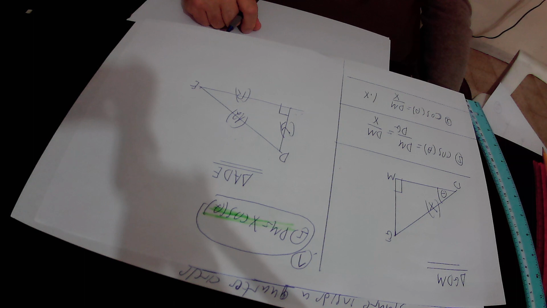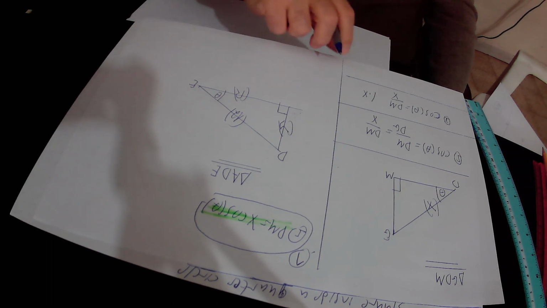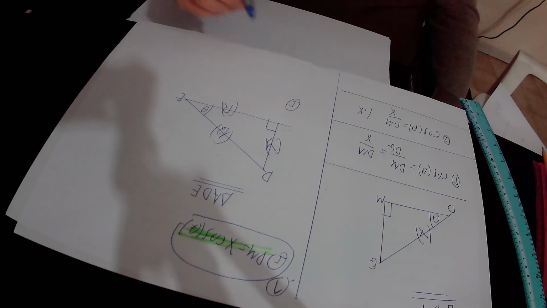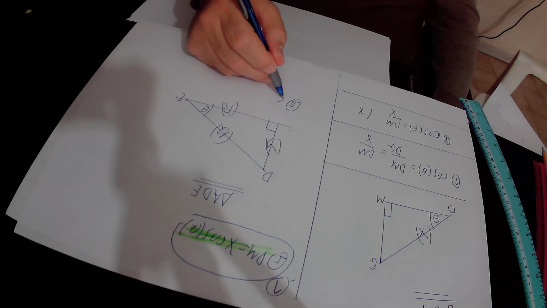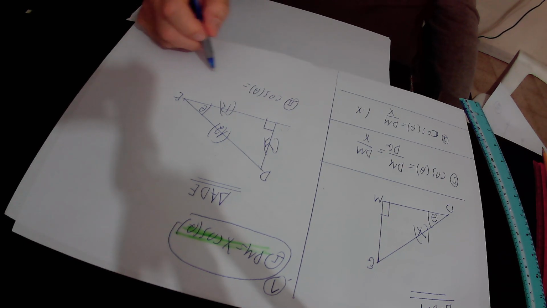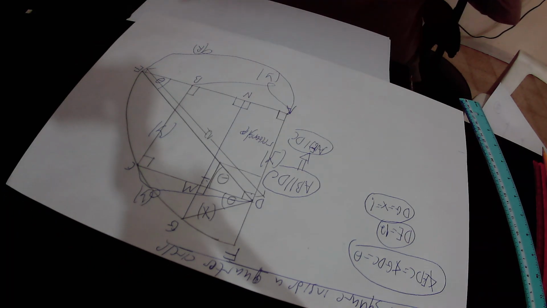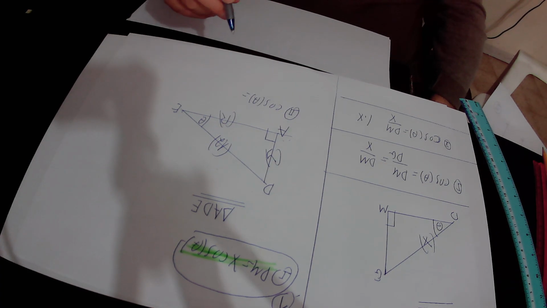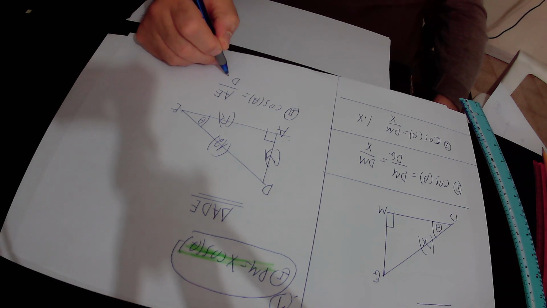So in this right triangle ADE, and this is angle theta of course, cosine theta, this will be equation 2, cosine theta equals AE over DE.